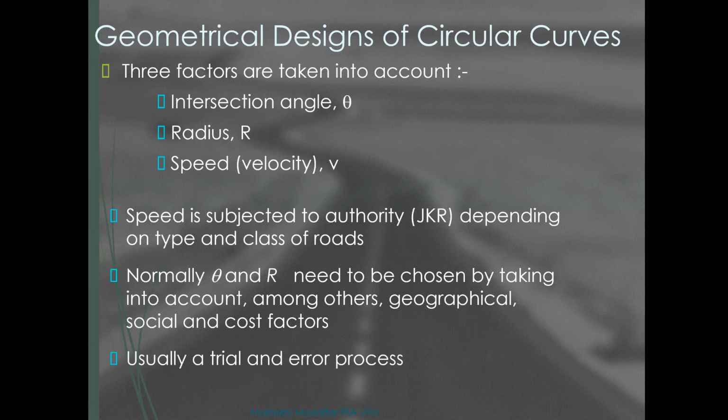Apart from that, the things that we can play around with will probably be theta, the intersection angle. The radius, with certain restrictions, we can still test or try a few numbers, so that we can come up with what we call the best design, not taking into account the geographical factors, social impact, costs, and so forth.